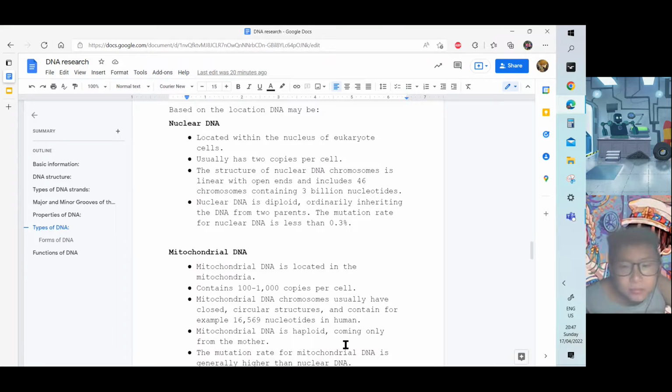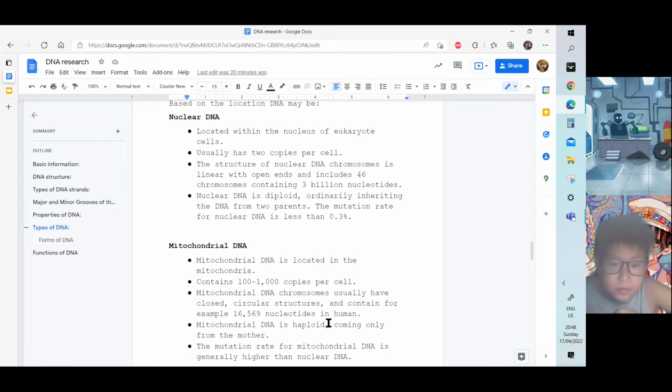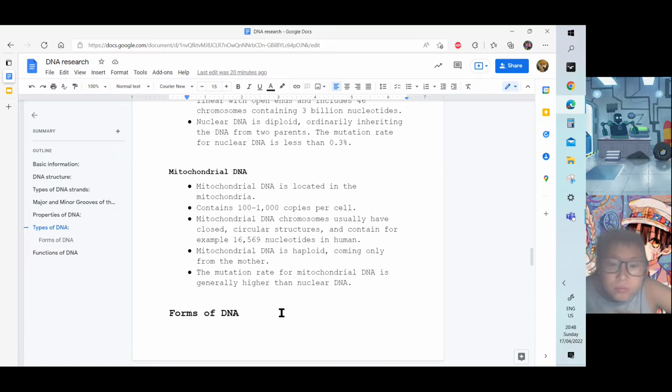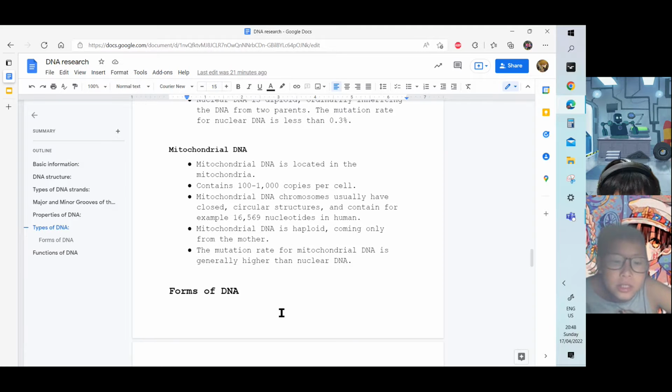Mitochondrial DNA chromosomes usually have closed circular structures and contain, for example, 16,569 nucleotides in humans. Mitochondrial DNA is haploid, coming only from the mother. The mutation rate for mitochondrial DNA is generally higher than nuclear DNA.